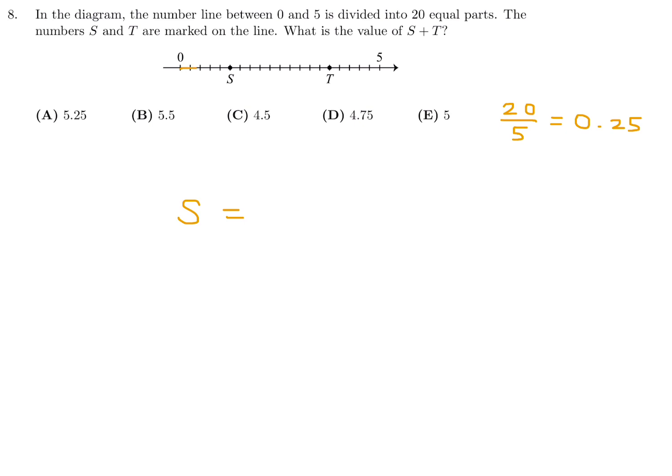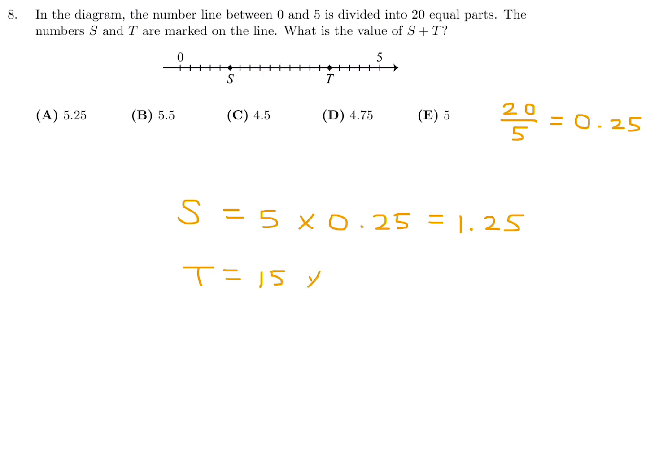S looks like 1, 2, 3, 4, 5, right? 5 of those dashes or points. So each of those is 0.25. So 5 times 0.25 is 1.25. Now let's figure out T. That's going to be 1, 2, 3, 4, 5, 6, 7, 8, 9, 10, 11, 12, 13, 14, 15.